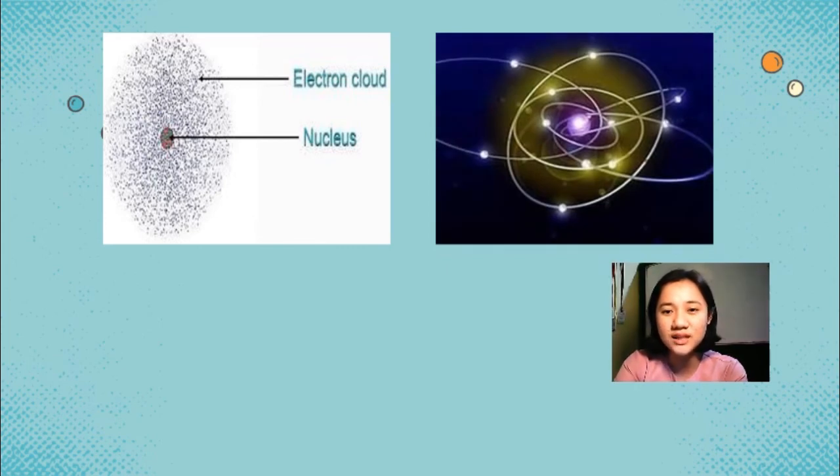And it shows that the darker the area, the greater the probability of finding the electron. Okay, so in this illustration, the darker the region, that means mas maraming or mas possible na mas maraming electrons ang nasa region na yun. Okay, and this one is the nucleus. This is now what the quantum mechanical model looks like.